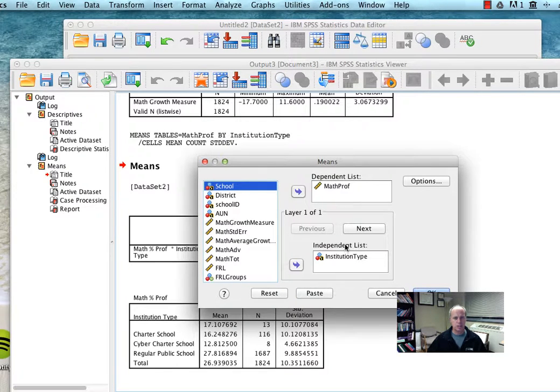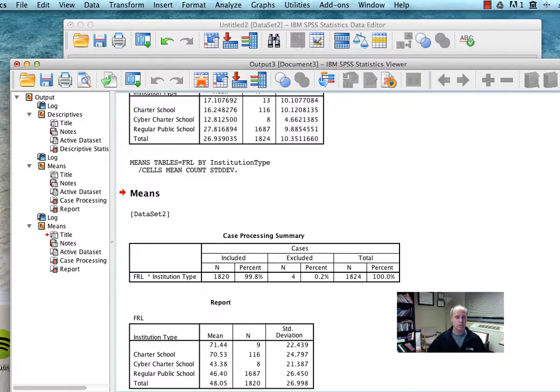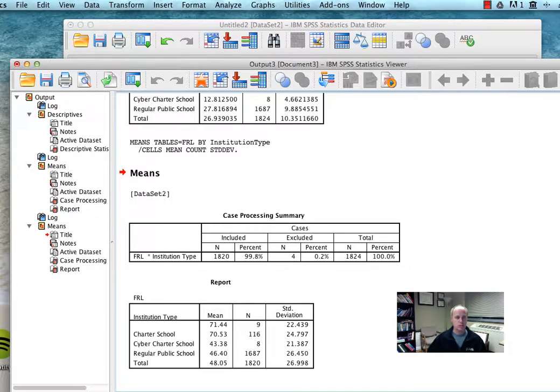And in this case, let's see if this makes sense. I'm not going to do the free and reduced lunch groups here. I'm going to use free and reduced lunch actual score and find the average by institutional type. All right. So charter schools have 70% students on average free and reduced lunch as compared to public schools 46.